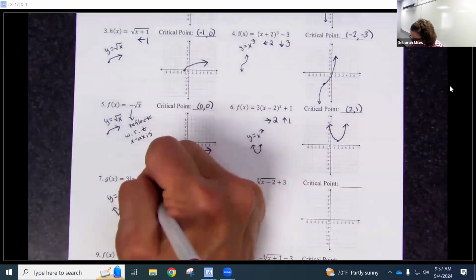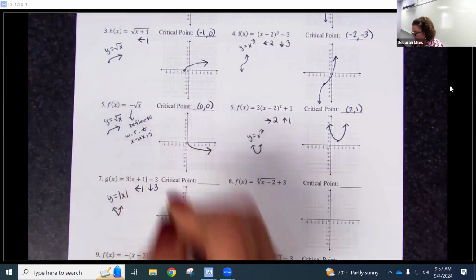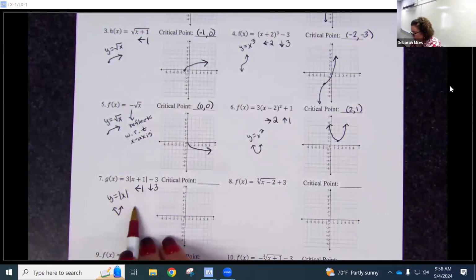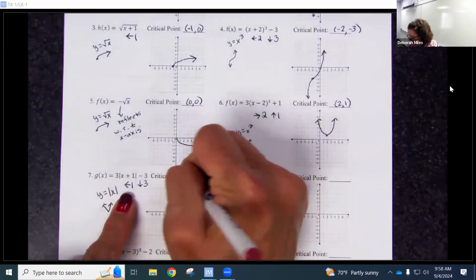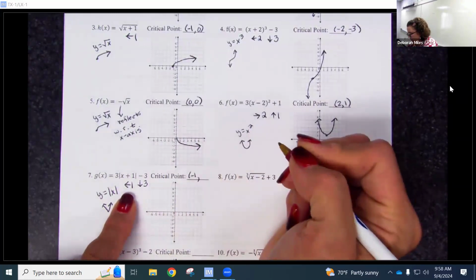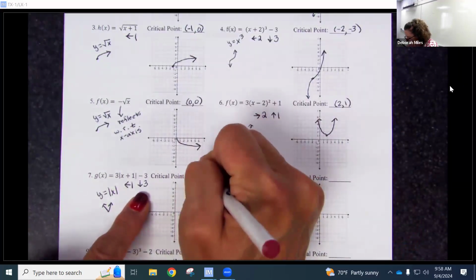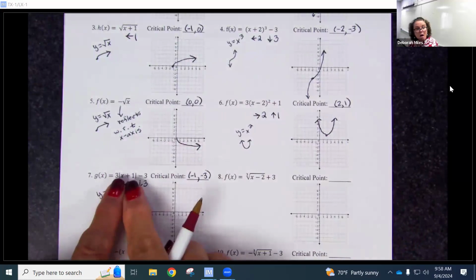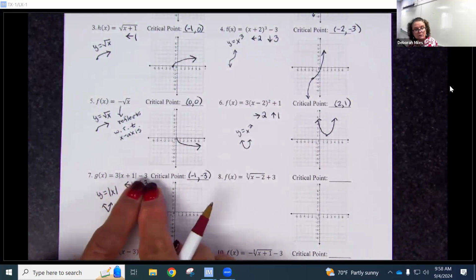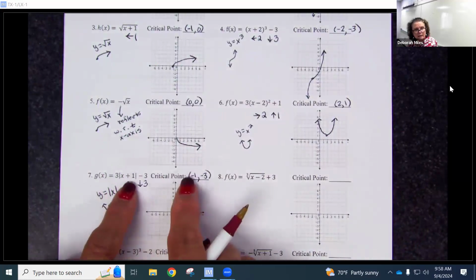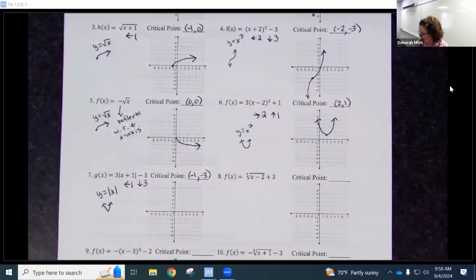And then down 3. So my critical point, 1 to the left is -1. Down 3 is -3. My critical point is opposite of the guy in the absolute value and the guy on the end, -1, -3.